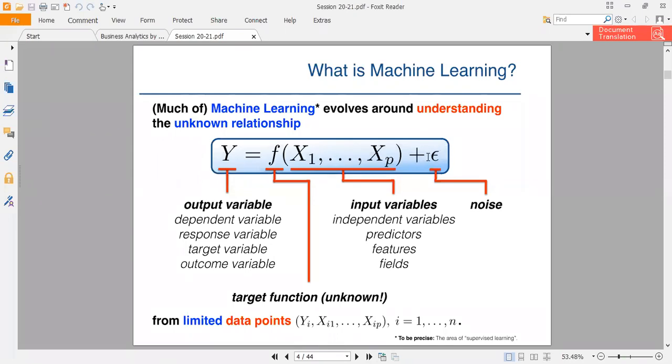Any model that you build, of course, it's not going to be 100% accurate, right? No model can be 100% accurate because there's going to be natural variation. If you look at this example, you cannot predict someone's salary to the last cent, to the last rupee. That's not going to be possible.